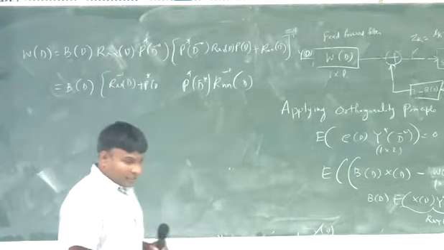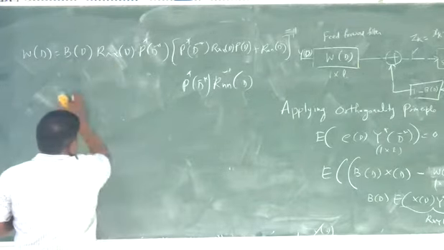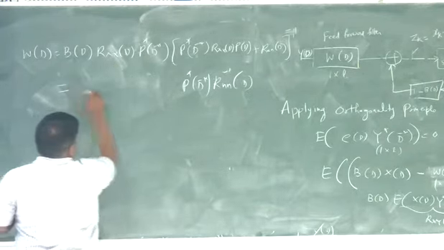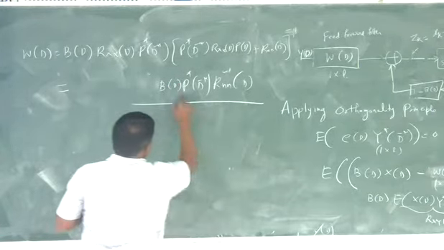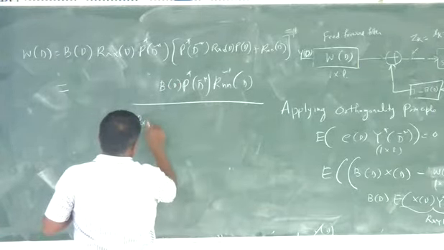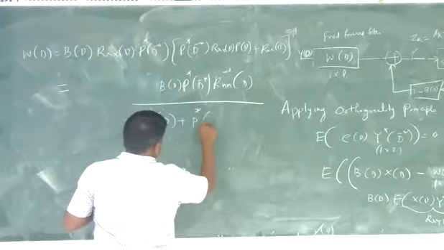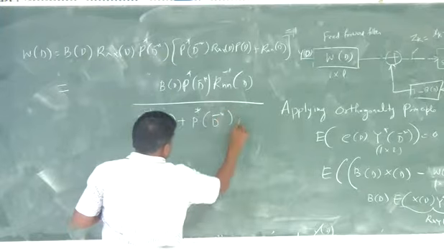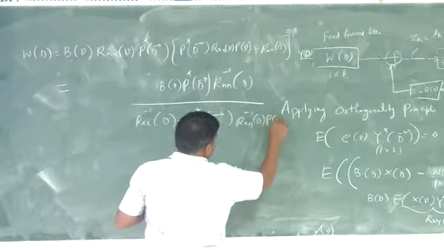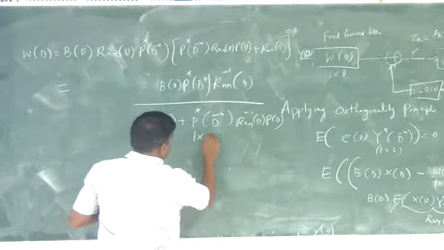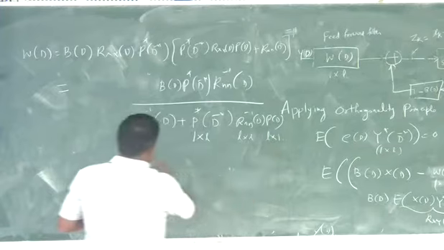It's going to be quite lengthy. So what I am going to do is put P of D here, and write the rest of it in the denominator because it's a scalar. So the whole thing is a scalar.